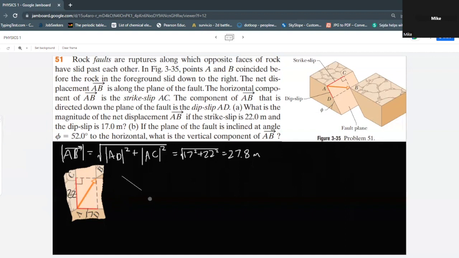Okay, so yung sa part A, wala namang kailangan ng angle dyan, di ba? Wala po. Tapos sa part B, ano naman yung angle na yan?